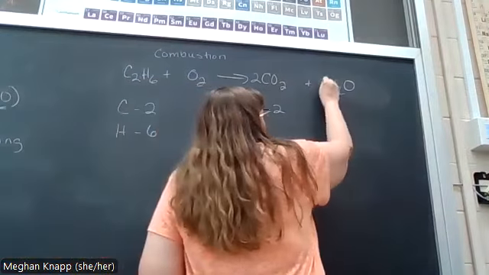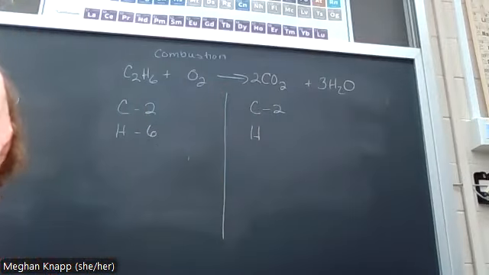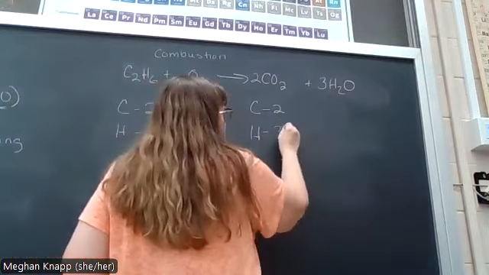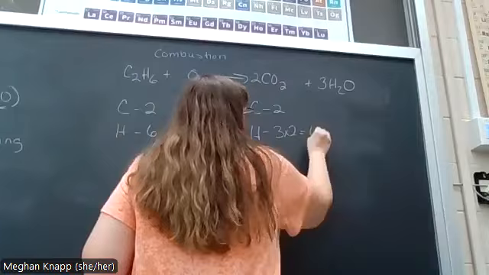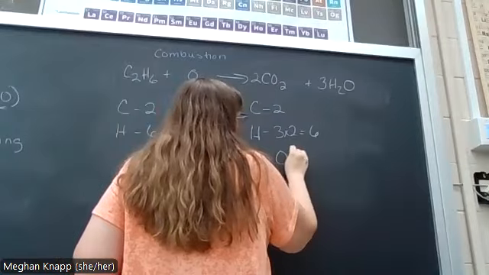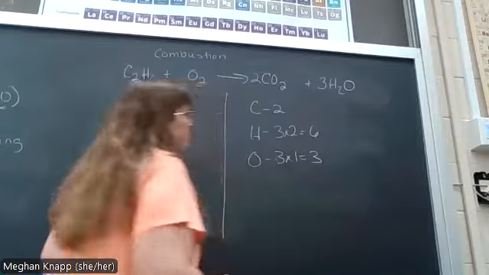Okay, now remember, this is multiplying. This isn't adding. I'm not adding 3 water molecules. I am multiplying that water molecule by 3. So 1 times 3 is going to give me 3 water molecules. So this is 3 times 2 equals 6. And then my oxygen is 3 times 1, which is 3 oxygens.